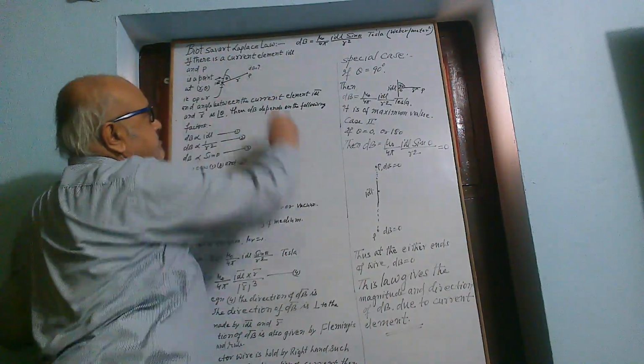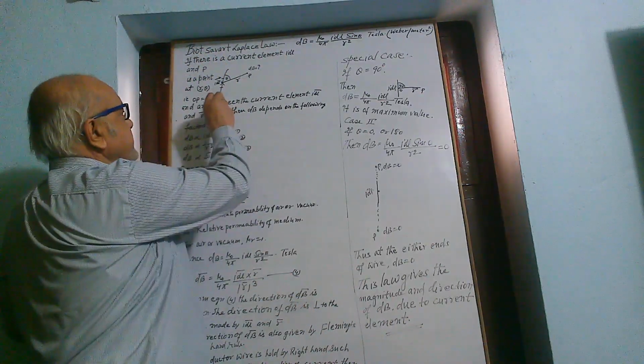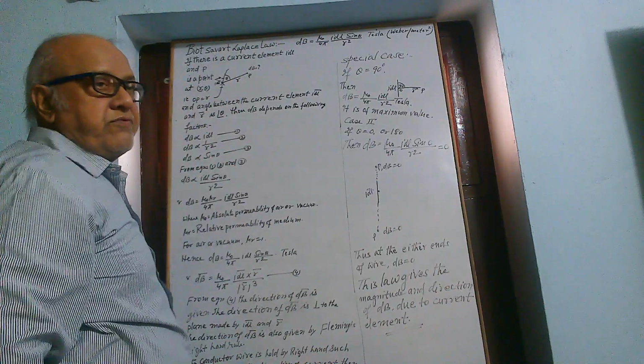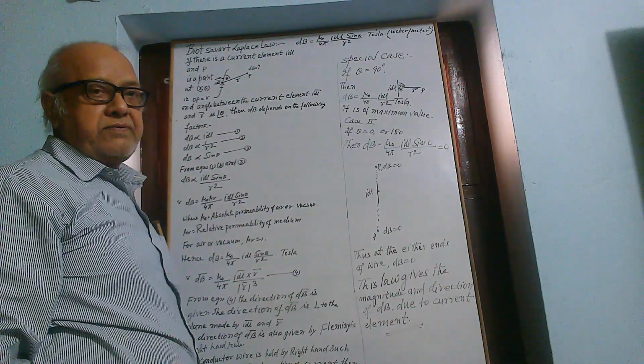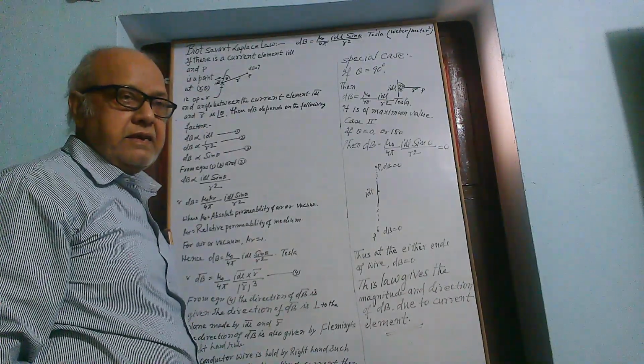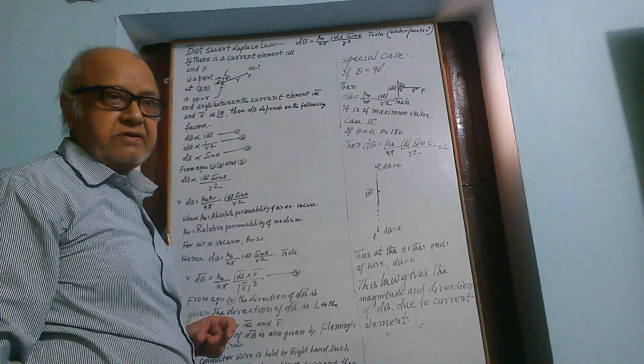According to this law, if there is a wire, and through this wire a current of I ampere is flowing, then a very small piece of wire is taken.